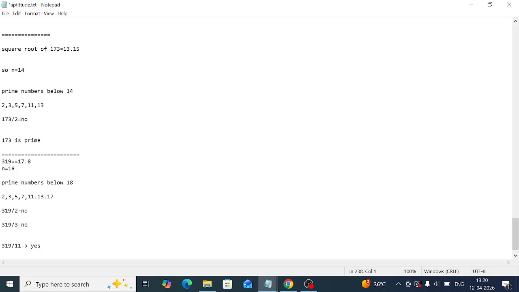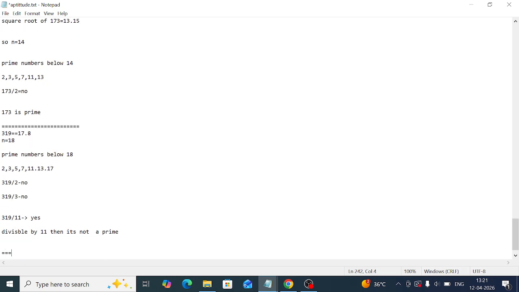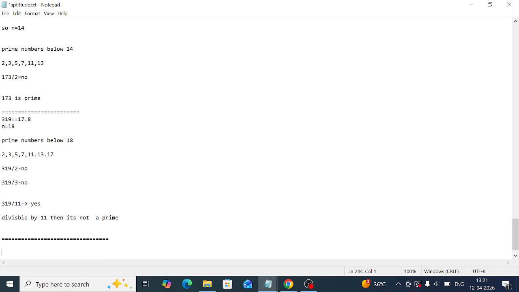So when it is divisible by 11, it is not a prime. Now you understand, right? I already showed the examples related to prime and not prime.